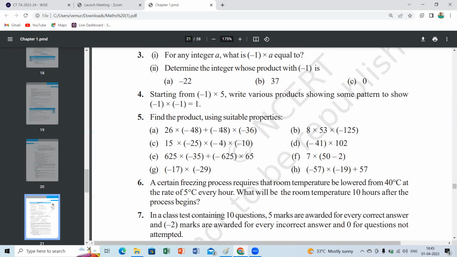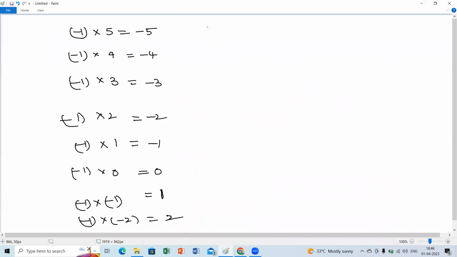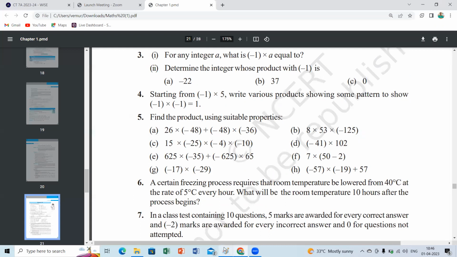Find the product using suitable properties. I want an answer from both the students. First question I'm going with Varshit. Varshit, which property can we use? They're asking to simplify using a suitable product property. 26 multiplied with negative 48.